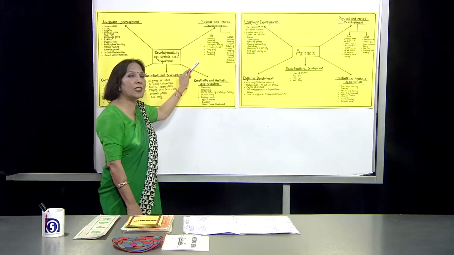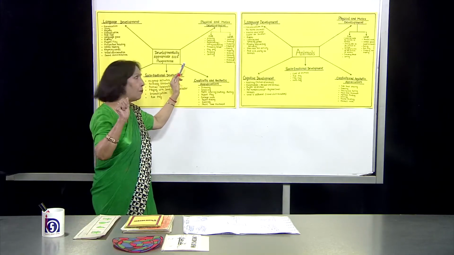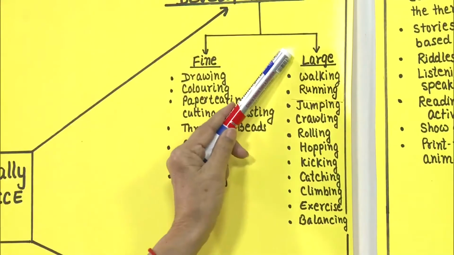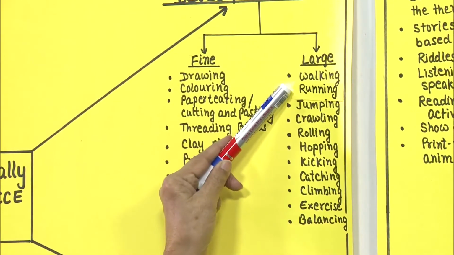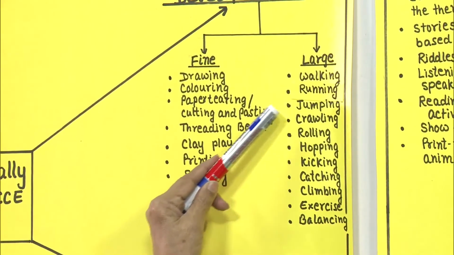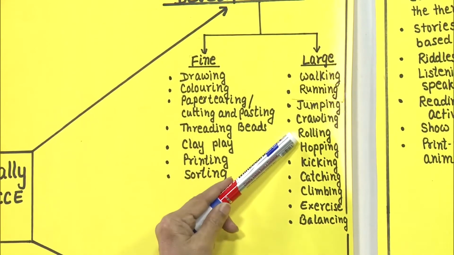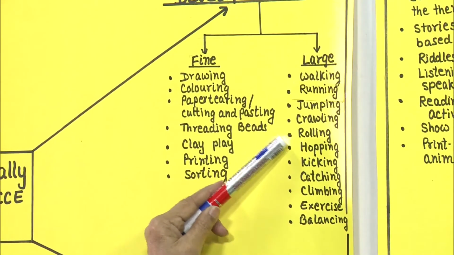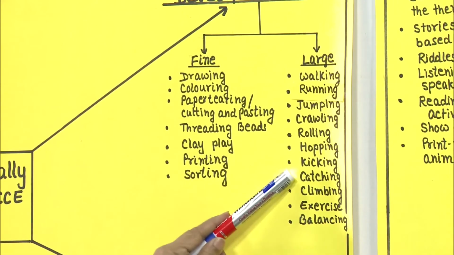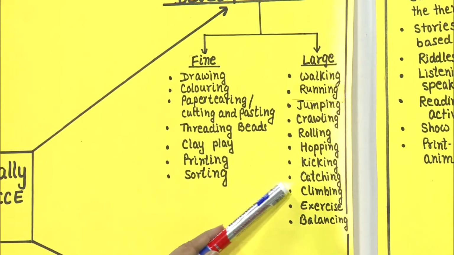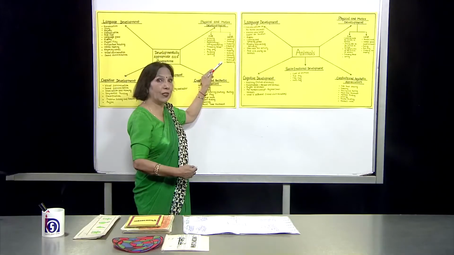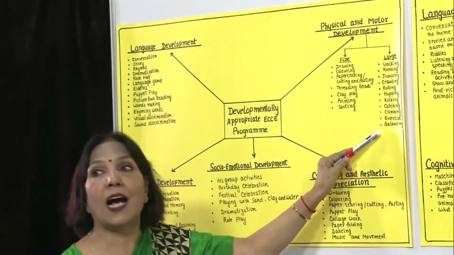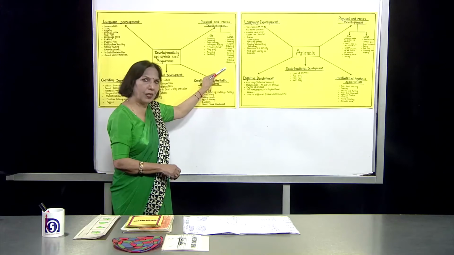All these activities are for fine motor development. And for large motor development: walking, running, jumping, crawling, rolling, hopping, kicking, catching, climbing, exercise and some activities for balancing the bodies. So, all these activities are for large motor development.